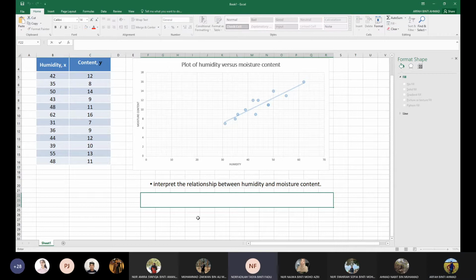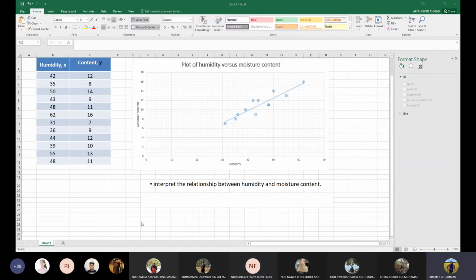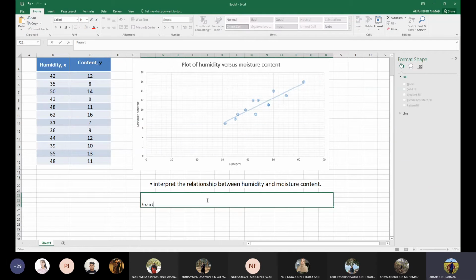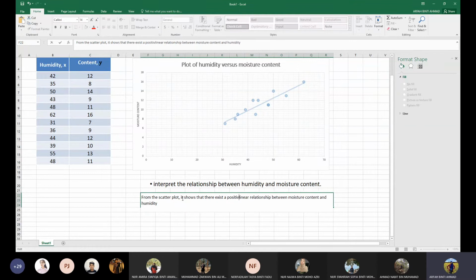Positive linear correlation. Okay, betul. It shows that there exists a positive linear correlation between moisture content and humidity. So from the scatter plot, it shows that there exists a positive relationship between humidity and moisture content.